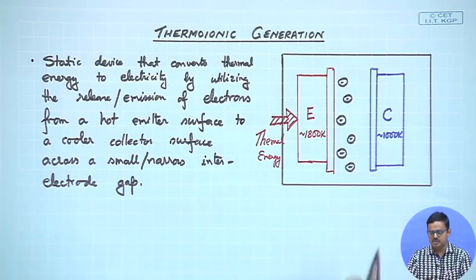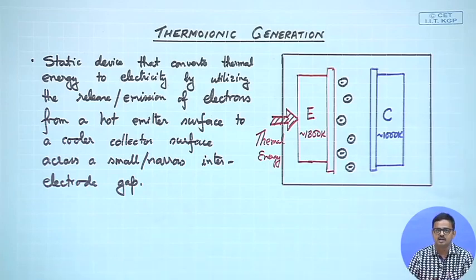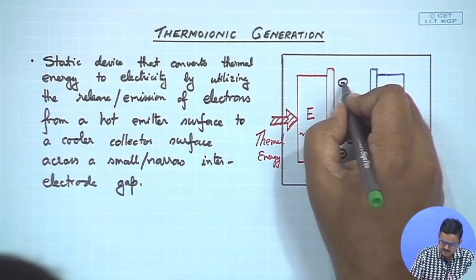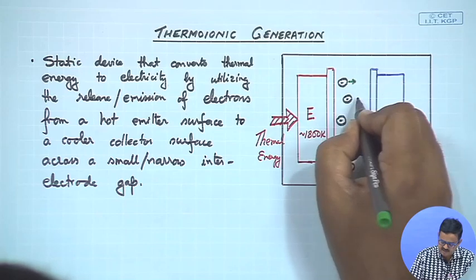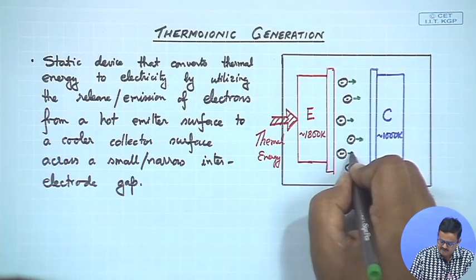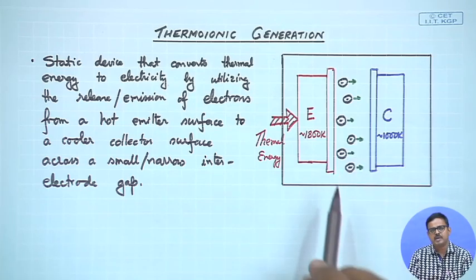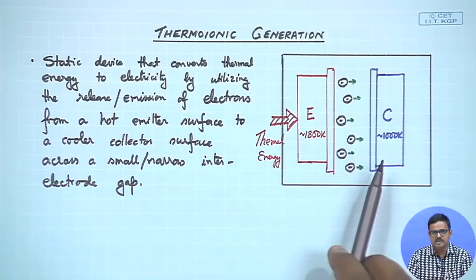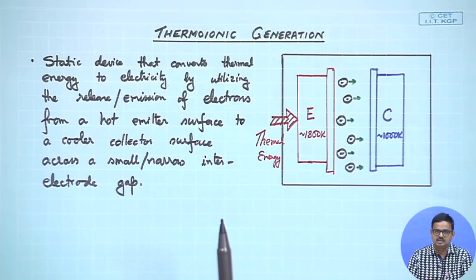These electrons now have a net momentum, so they break away from the surface and go towards the colder collector surface. So, there is a net migration of electrons from the emitter to the collector.